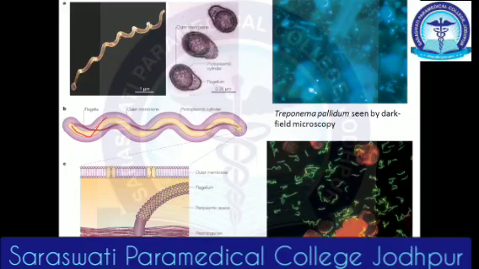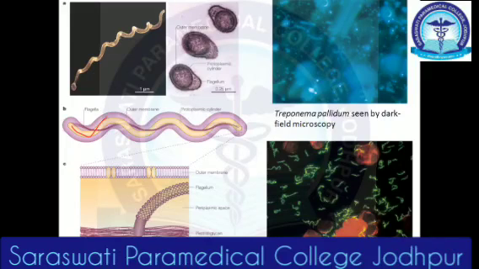Now this is the actual body of the spirochete, denoted here with yellow color, and the pink portion is the outer cell membrane. In between the yellow and pink regions is the periplasmic space.